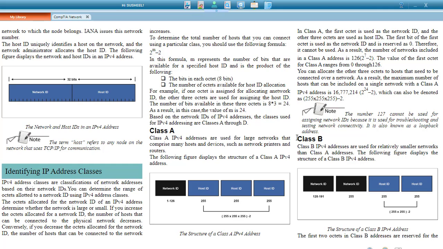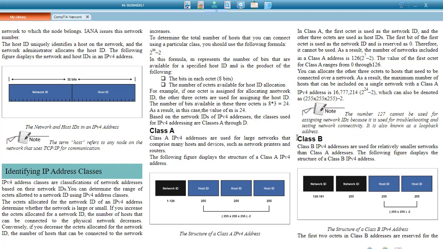As a result, the number of networks included in a Class A address is 2^7 - 2 = 126. The value of the first octet for Class A ranges from 0 through 126. You can allocate the other three octets to hosts that need to be connected over a network.